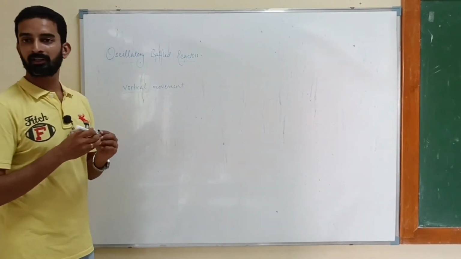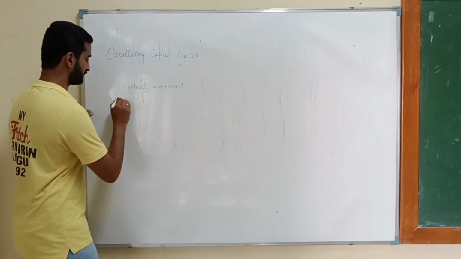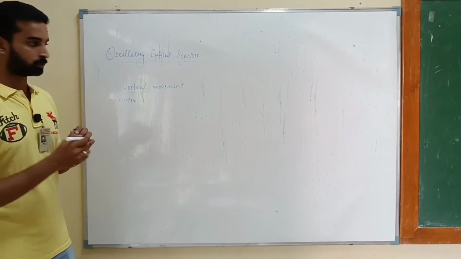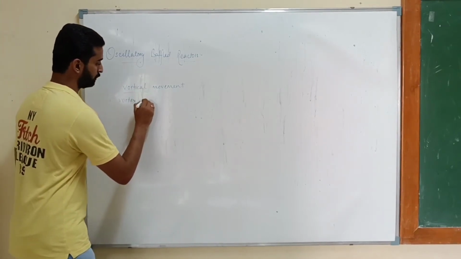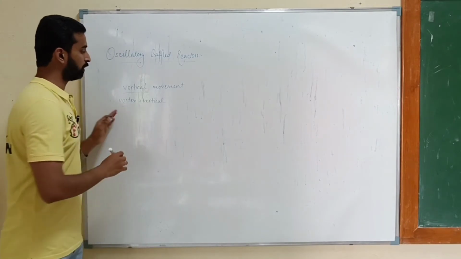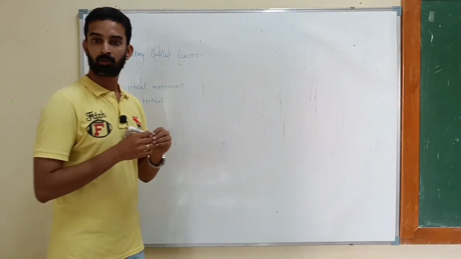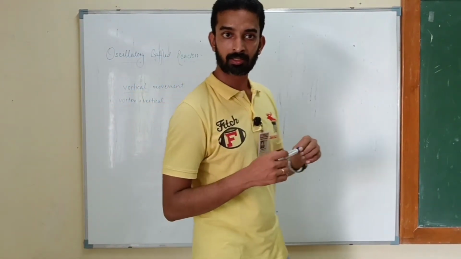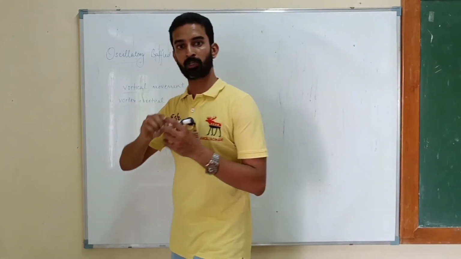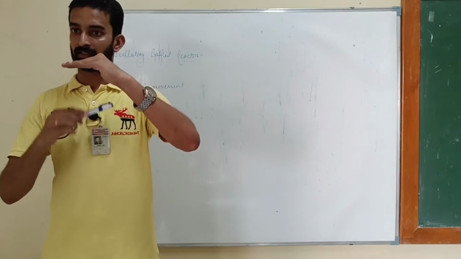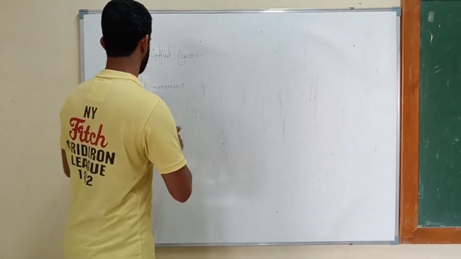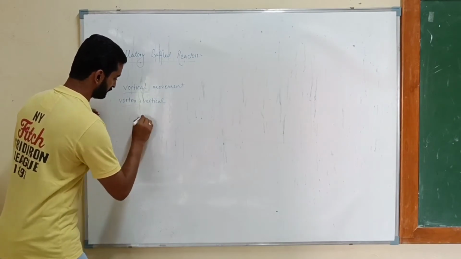This vertical word is very similar to vortex. Vortex plus vertical. Vortex, you know, revolves, and vertical means up and down. So because of this oscillatory motion, the vortex is created. The combined effect produced is actually something like this.